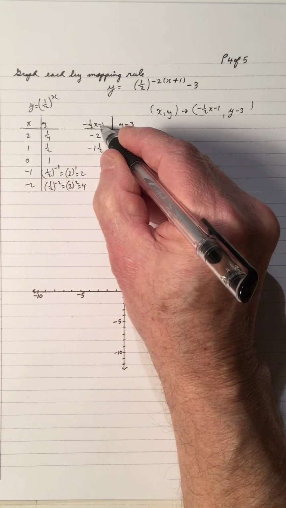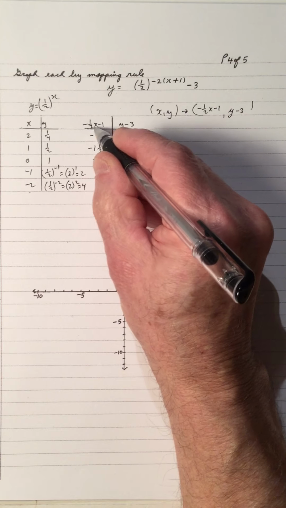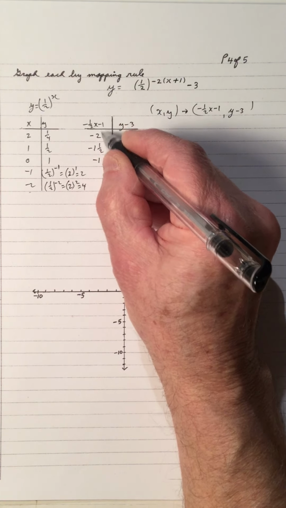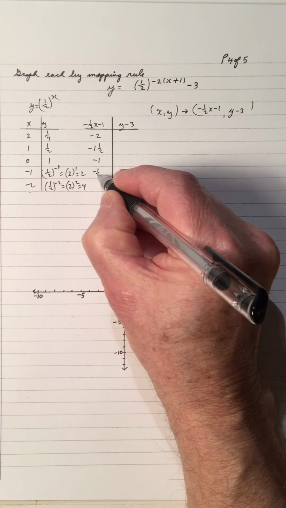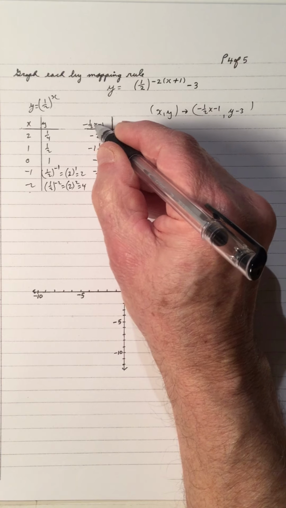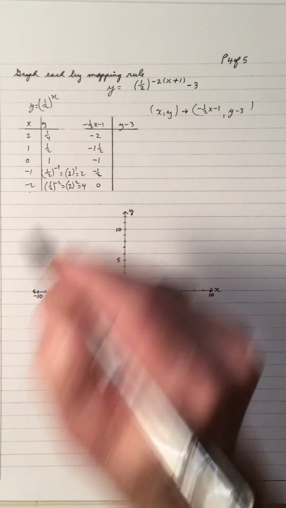And we sub in 0, we get -1. We put in a -1 in here, we get a +1/2 minus 1, which is a -1/2. And we put in a -2. -1/2 times -2 is 1. That gives us a 0.